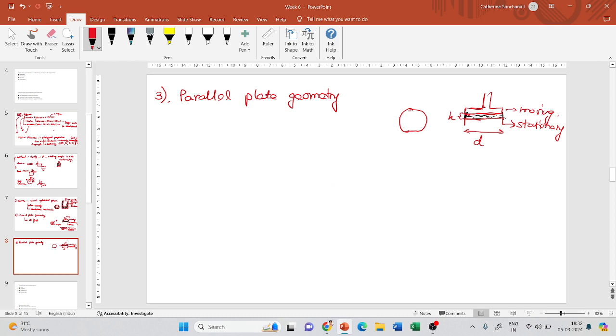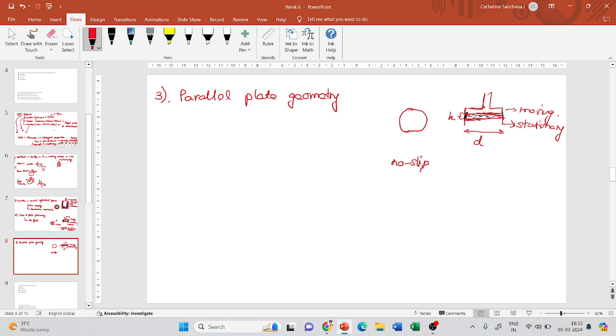Okay, the top plate, so this plate is stationary, and this plate is moving, right? So the velocity of the sample which is in contact with the bottom plate is 0, and the velocity of the sample in contact with the top plate is the same as the velocity of the plate. Okay, this only ensures a no slip condition. What do I mean by no slip?